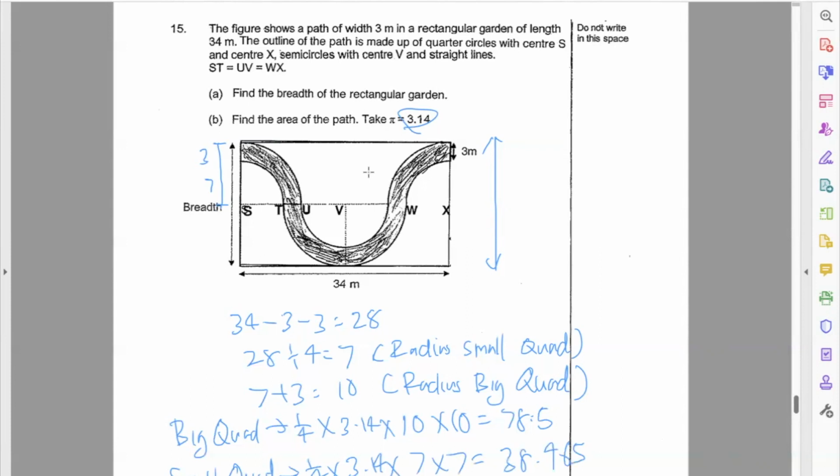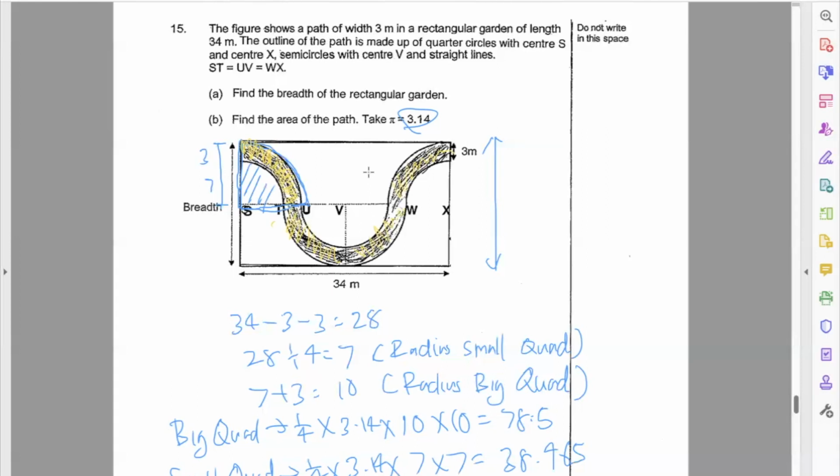Now, if you look at the diagram, just focus on this portion. If I use the area of the big quadrant, take away the small quadrant, what is left will be this path, the path here. So big quadrant minus small quadrant, you get this section of the path. And there are 4 of them. 1, 2, 3, 4.